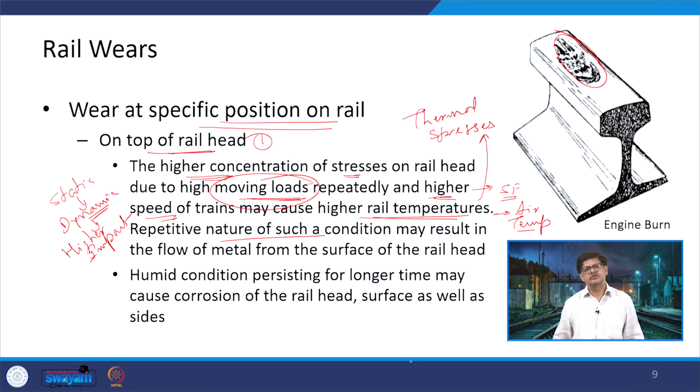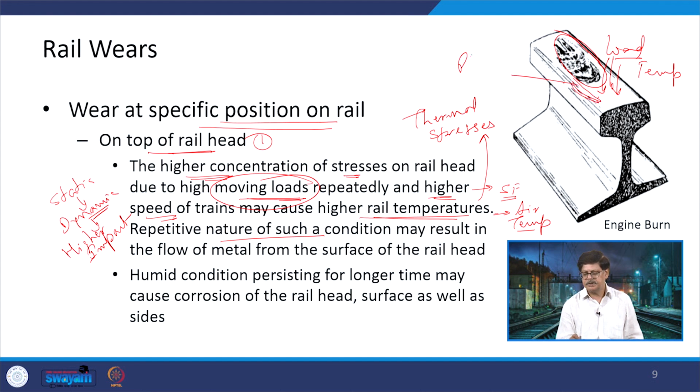These burns can also be observed at the top of the rail head. So, when the temperature has gone up and there are high loads coming at the top, there are 2-3 things happening together. There is a high load, there is a high temperature, and because of that the deformation may start occurring here.